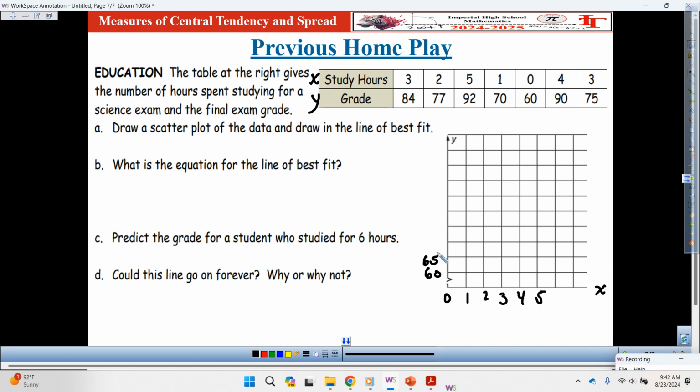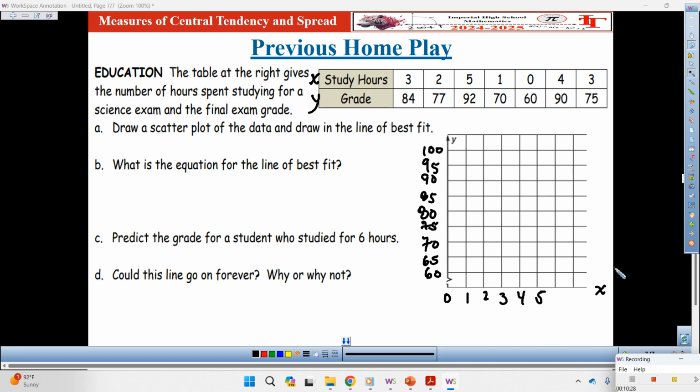Then I'm going to go to 65, 70, 75, 80, 85, 90, 95, and 100. Once you label that, I want you to plot that data onto there, please, really quick. I'll give you some time.